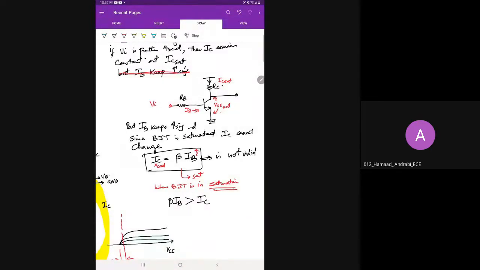That means beta times IB will be definitely now a higher quantity. तो एक पॉइंट है जहां तक ये रिलेशनशिप हो रही थी फॉलो, IC is equal to beta times IB, लेकिन जब सैचुरेशन आया, अब ये इंक्रीज हो रही है, ये इंक्रीज नहीं हो रहा है. दैट मीन्स दिस क्वांटिटी विल बी हायर. It means in saturation beta times IB is greater than IC.